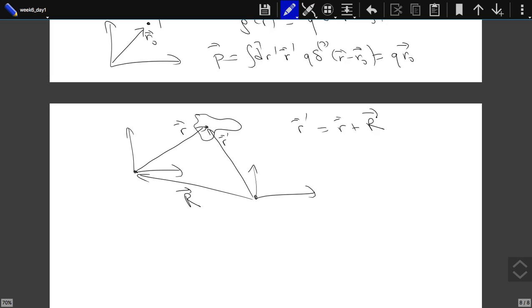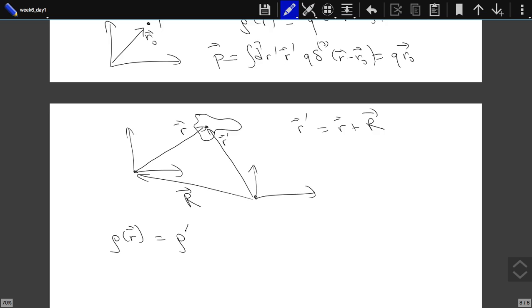Now, the functional form of my densities will look different, at least in this coordinate system. If this is the x-axis, my charge density should be non-zero at negative values of x. In this coordinate system, my charge density should be non-zero at positive values of x. So functionally, they will look different. So let's say the charge density in this coordinate system at the point R should be equal to the charge density in the other coordinate system.